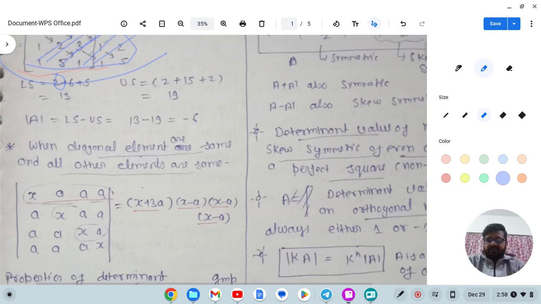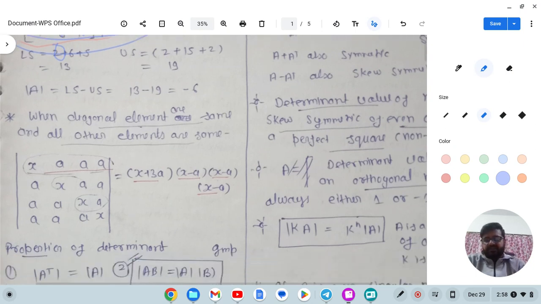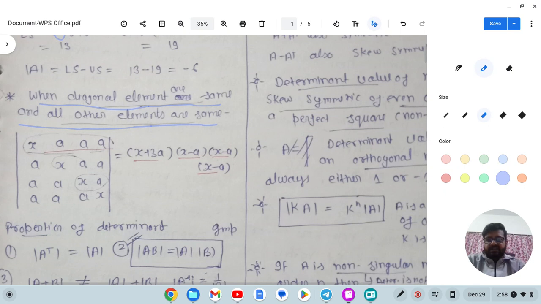The next point is when diagonal elements are the same and all other elements are the same in a determinant. As we know, the determinant is only defined for a square matrix. If the diagonal elements are the same and all other elements are the same, then this is the short trick.